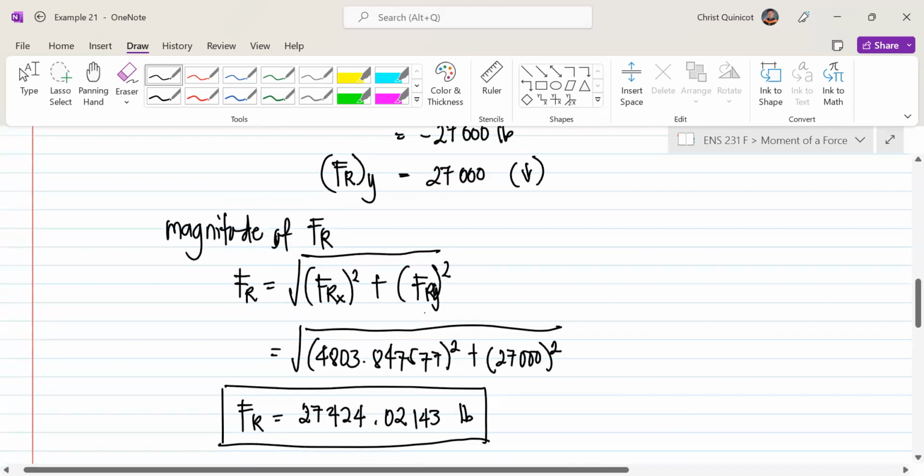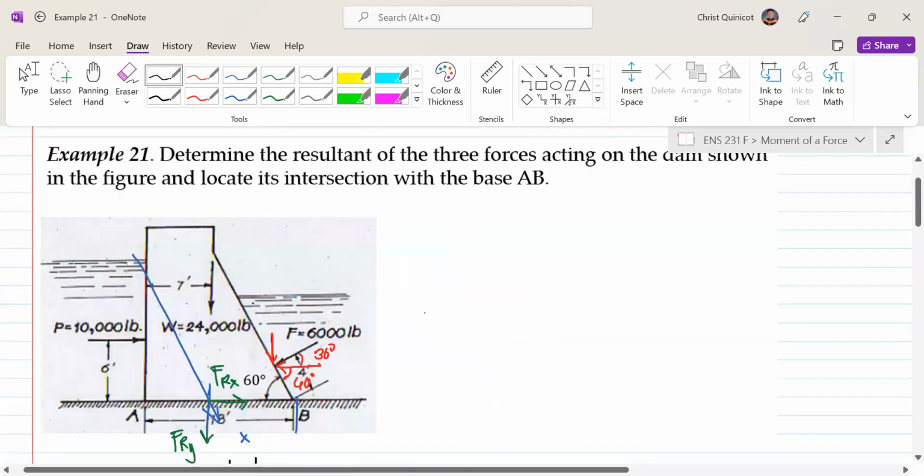Now, if it was not specified in our problem, here it is specified that we locate its intersection with the base AB.